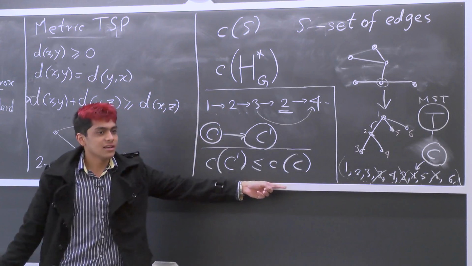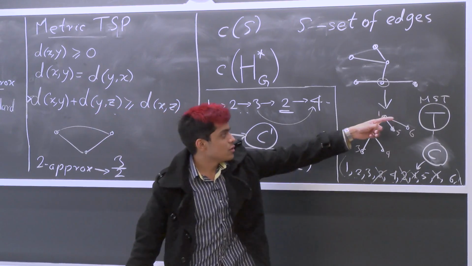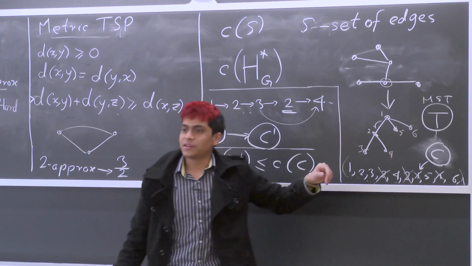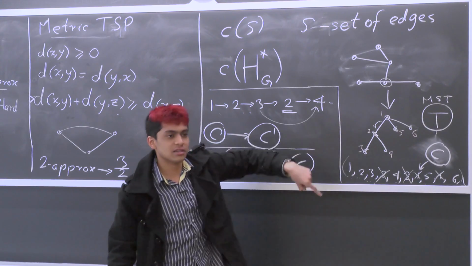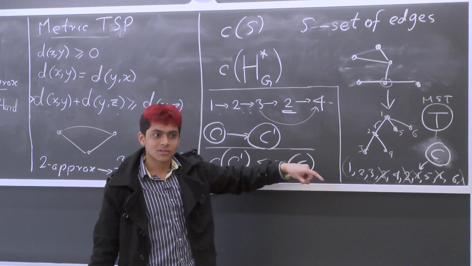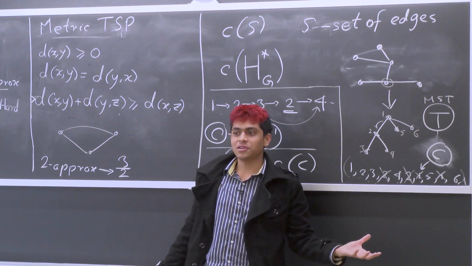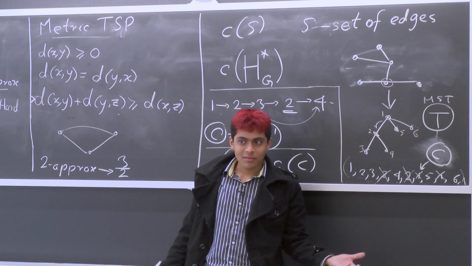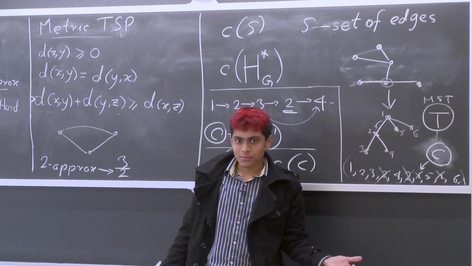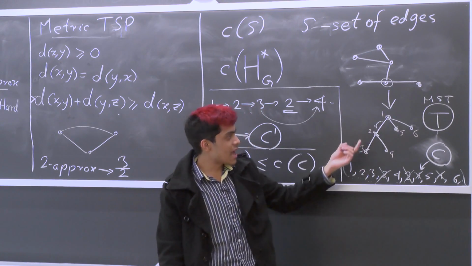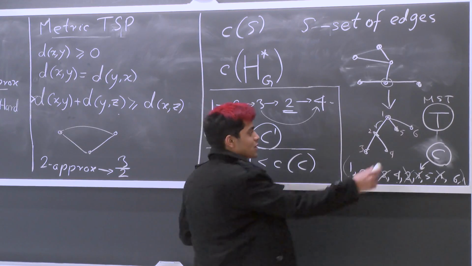And what is the cost of C? If you know the weight of your minimum spanning tree, what is the cost of C? C is just doing a DFS traversal. So what is the cost of C, if you know your minimum spanning tree? So you're traversing every edge on the minimum spanning tree twice. You're doing a DFS traversal, right?